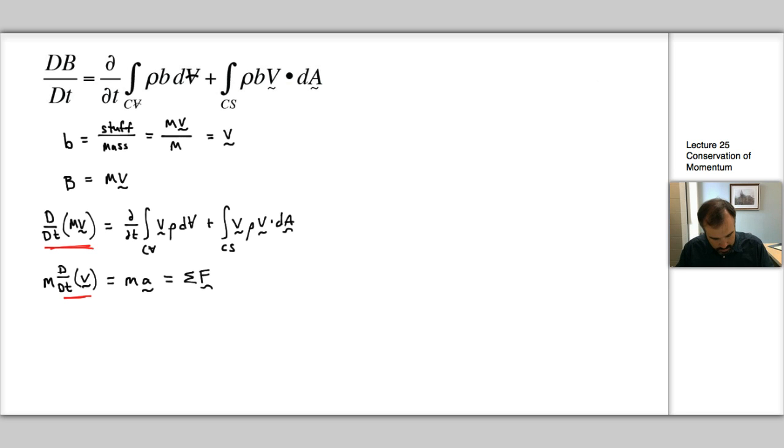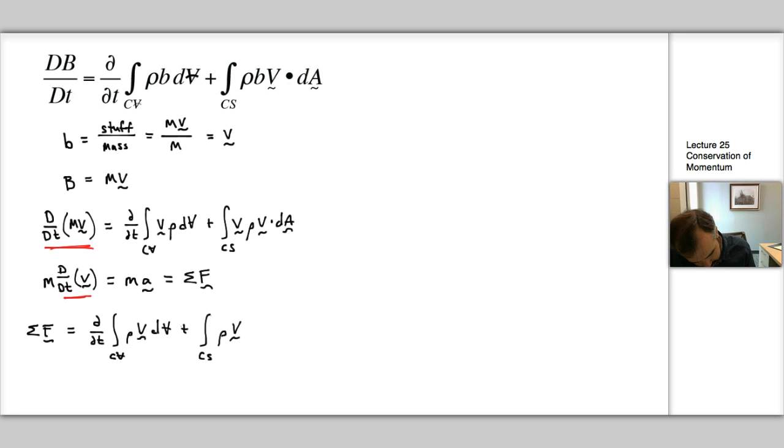So now we can write out the sum of the force vector is equal to d over dt integral over the control volume of rho v dV plus the integral over the control surface of rho v v dot dA.